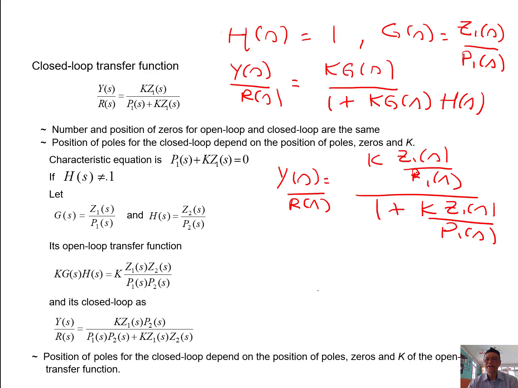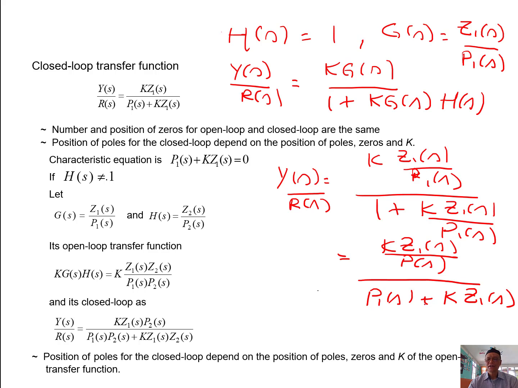So if you simplify here, we get K Z1(s) over P1(s) over the whole thing. This one becomes P1(s) plus K Z1(s) over P1(s). And this P1 can be cancelled with this P1, so we get this equation K Z1 over P1 plus K Z1.